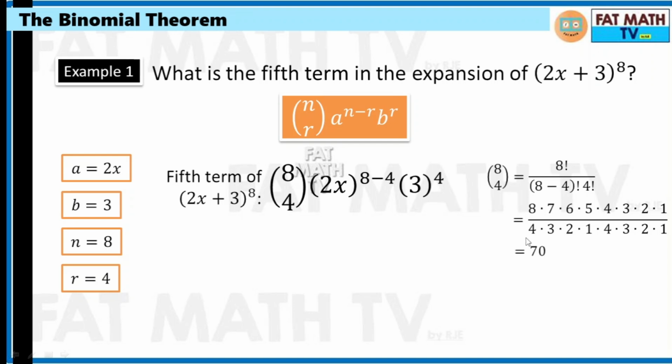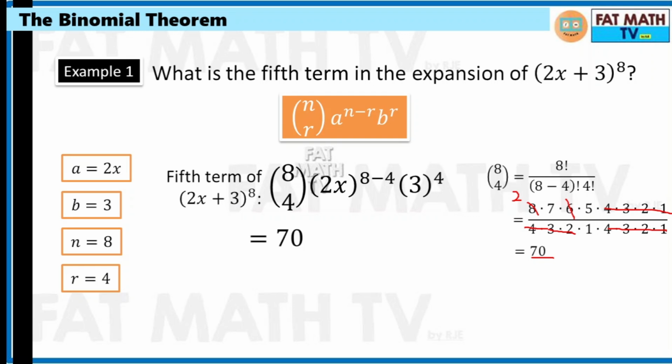And we can simplify this. We can cancel this and this. Then we can cancel 3 times 2 and 6. And 4 and 8, we will have 2 here. 2 times 7 times 5 is 70. So 8 choose 4 is 70.